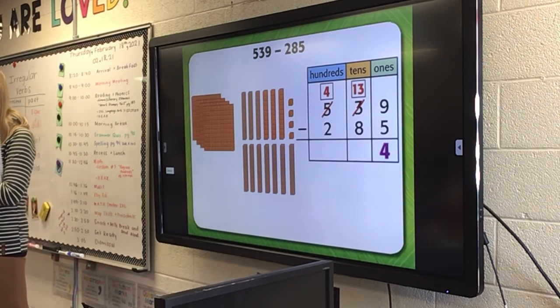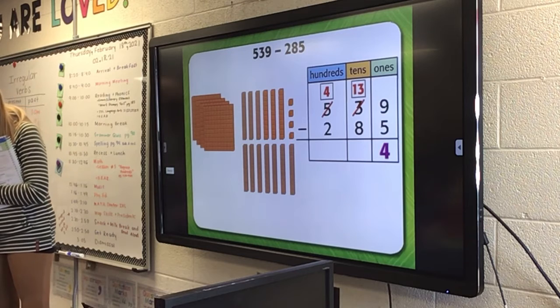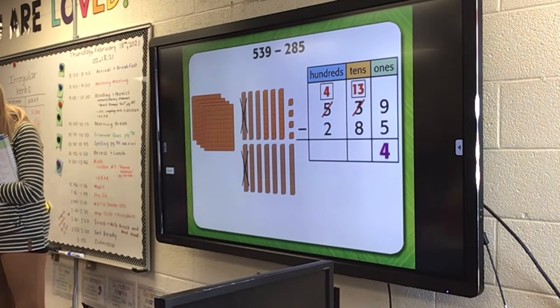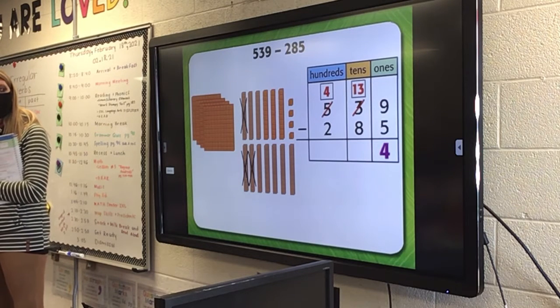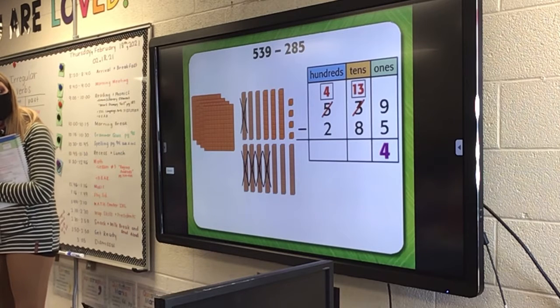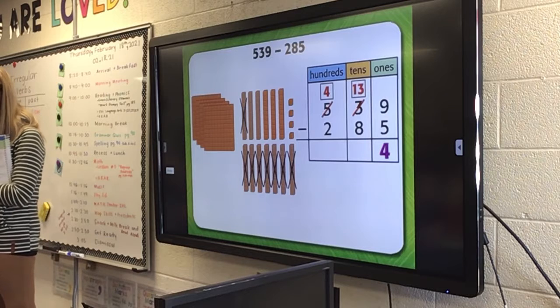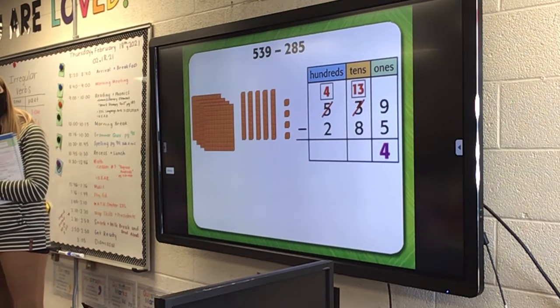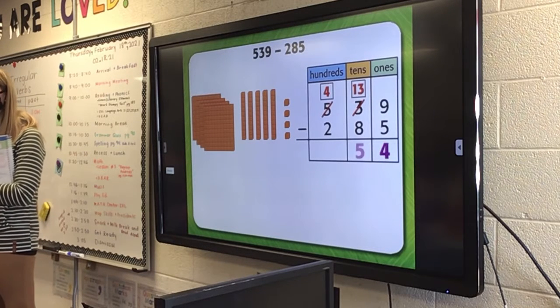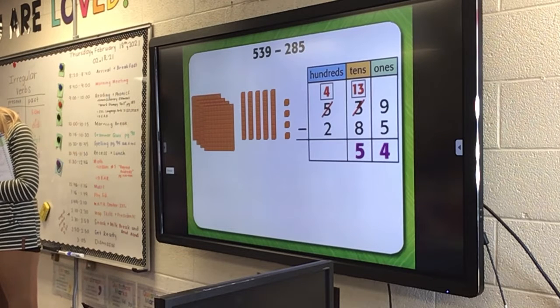We can subtract 8 tens from 13 tens. 1, 2, 3, 4, 5, 6, 7, 8. That leaves 5 tens. Write 5 in the tens column on the place value chart.